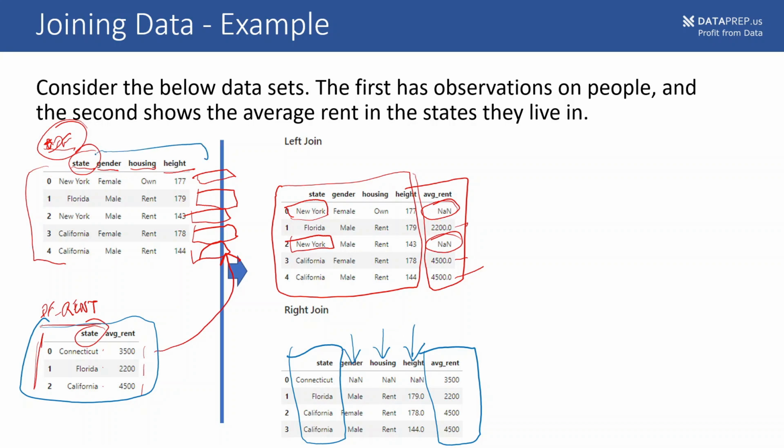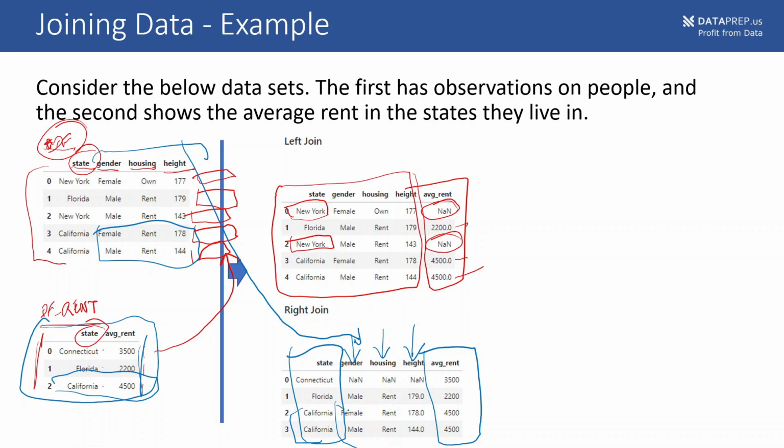So these 3 columns, I bring them in here. You will find that instead of 3 rows, I have 4 rows here. That's because there were 2 people that it found in California. So when it got to California, it found 2 values here, and it provided me both of those here.